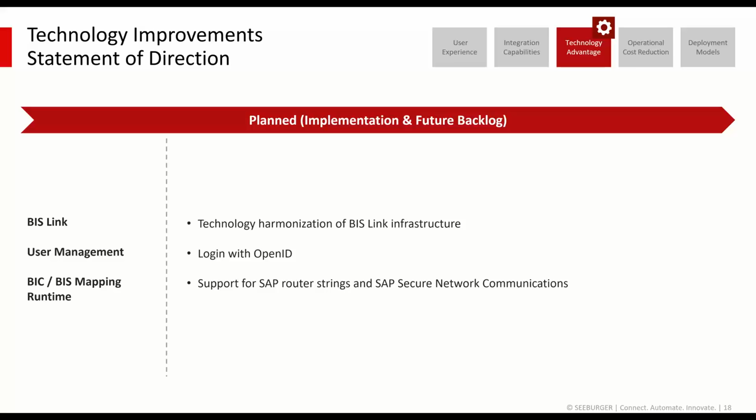We have planned to also support OpenID as a login for the user management. This is often requested also as a single sign-on mechanism. And then we're planning some enhancements for supporting the SAP router and SAP secure network communications for the mapping runtimes.